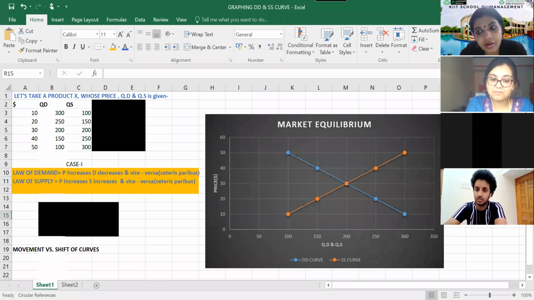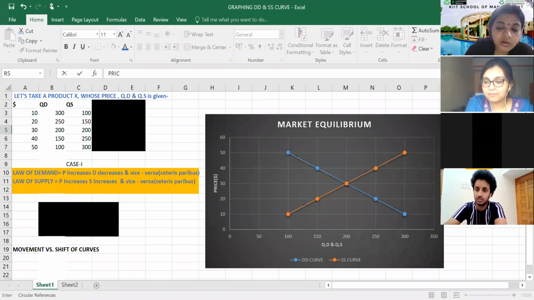So this is also a factor affecting demand. Like that, there can be n number of factors which are affecting your level of demand for broadband Airtel. But apart from that, the major factor which affects is the price of the product itself.